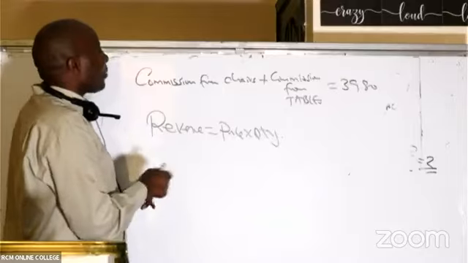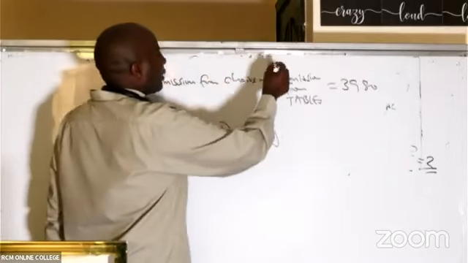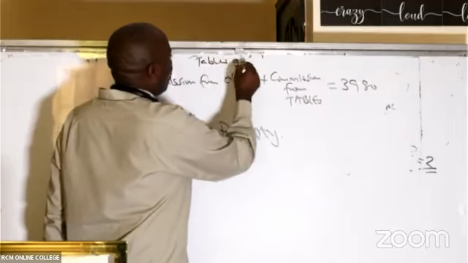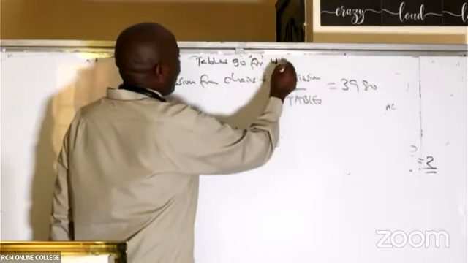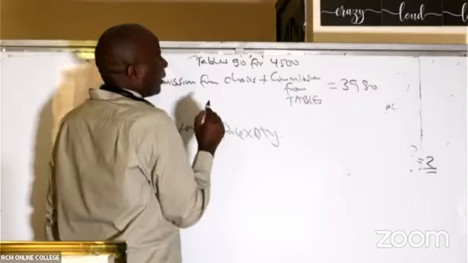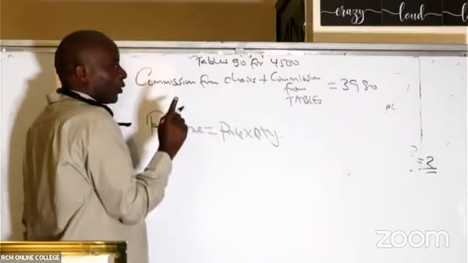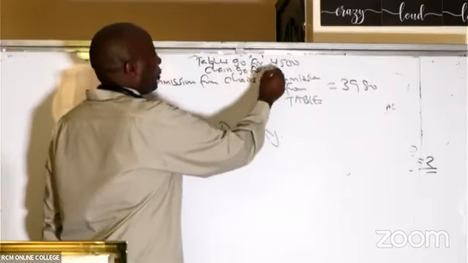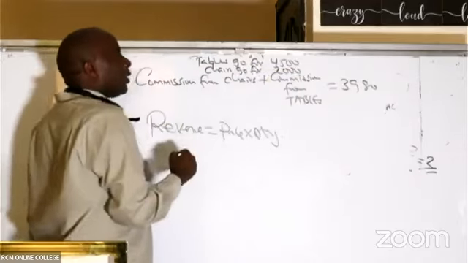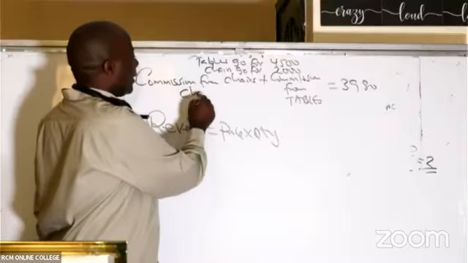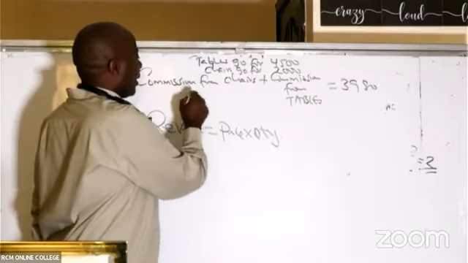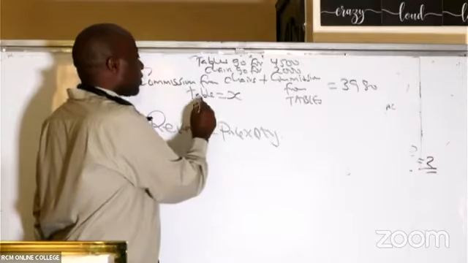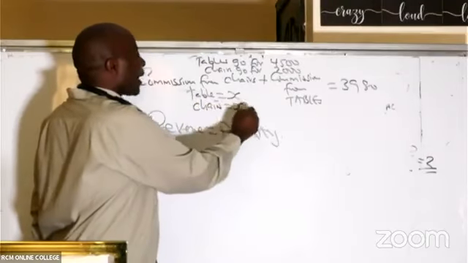So in this case here, tables go for 4,500, isn't it? The price is 4,500. And the chairs go for 2,000, isn't it? We let the quantity of tables be X. And if tables are X, then chairs will be X plus what?